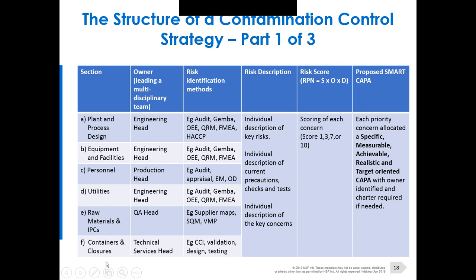Of course, in each case, you should delegate or designate a single point of accountability for each of those sections in the CCS. And it's good as well to give some guidance as to how you want people to identify and then assess those risks themselves. And there's a variety of sources of information that can be used according to the section shown on the slide there.